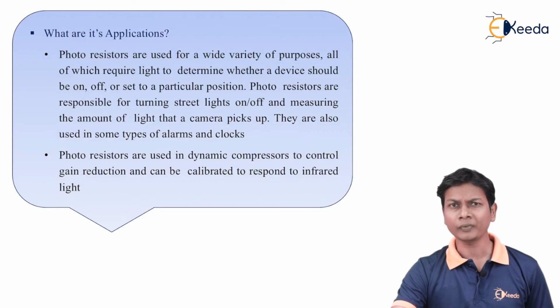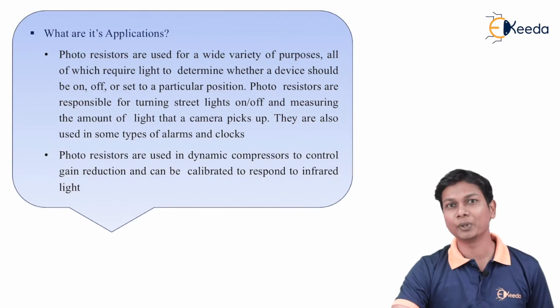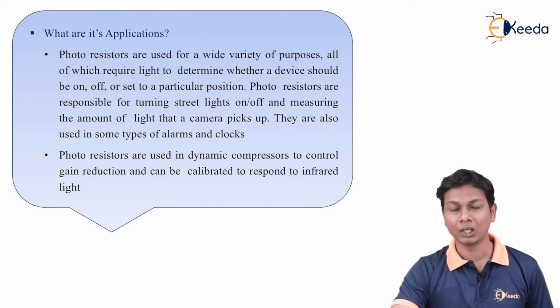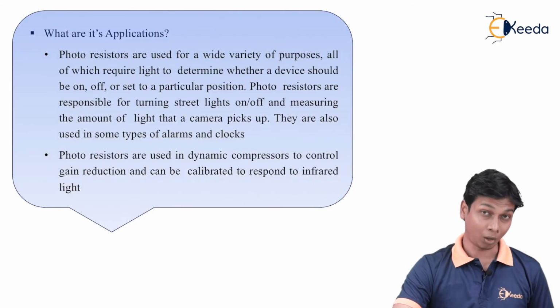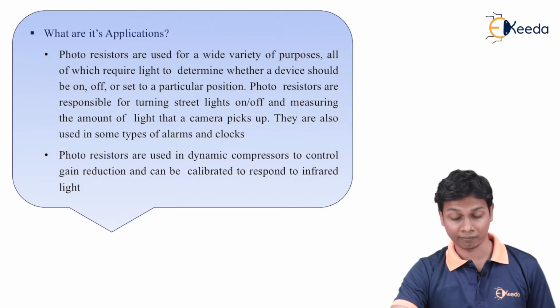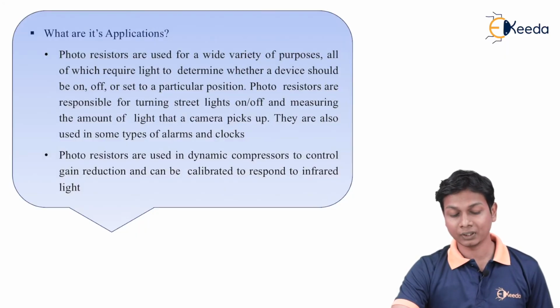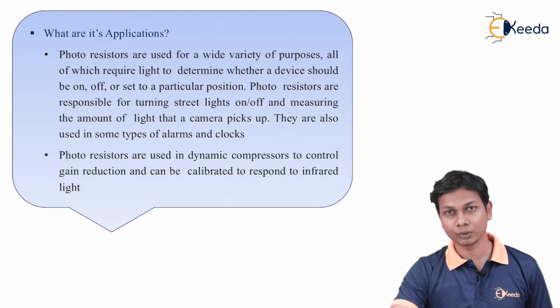In most cameras, whether digital cameras or mobile cameras, this light sensor is used to sense the ambient light, and it is also used for street lights, whether they should be on or off. It is also used in alarm clocks.